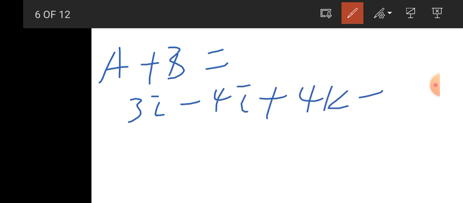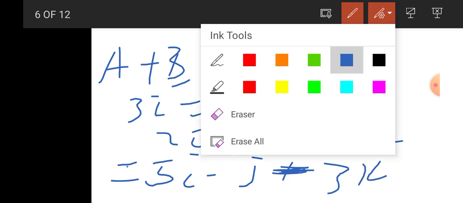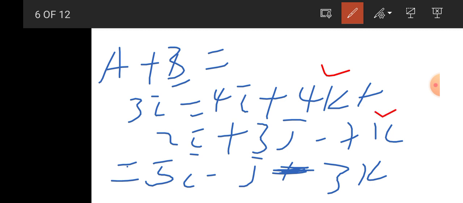A plus B is equal to 3i minus 4j plus 4k plus 2i plus 3j minus 7k. So we add i with i, j with j, and k with k. So this is equal to 5i minus j minus 3k, because 4k minus 7k is minus 3k, minus 4j plus 3j is minus j, and 3i plus 2i is 5i.